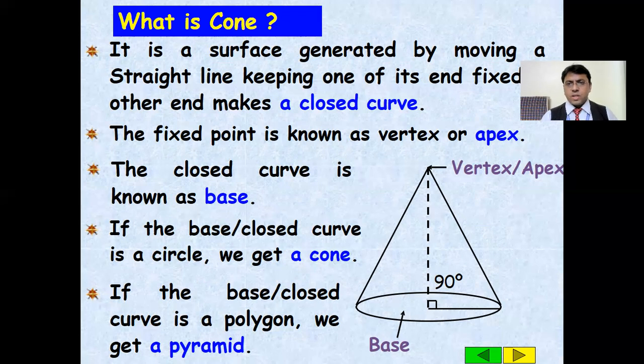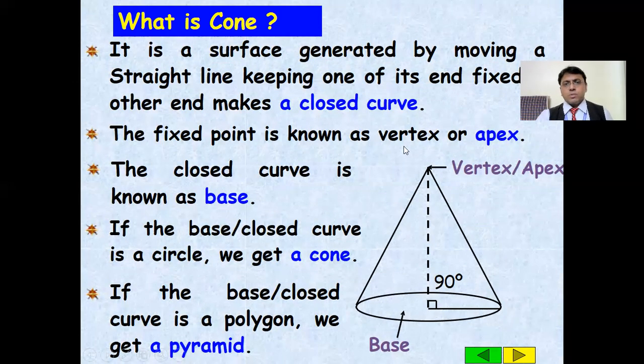A cone is one of the solid structures, or we can also consider it a hollow structure. In the three-dimensional pictorial view, this is the cone having a base, and the vertex as well as the axis are shown here. It is a surface generated by moving a straight line, keeping one of its ends fixed while the other end makes a closed curve.